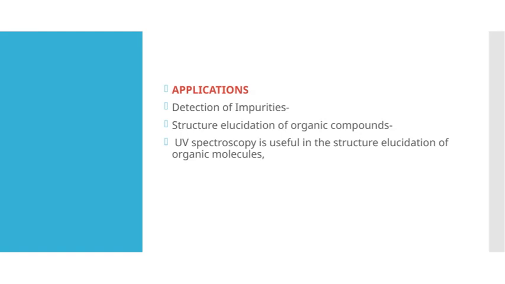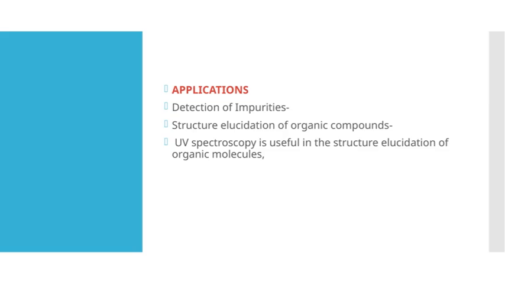Now, let's look at some of the practical applications of UV spectroscopy. First, it's quite useful in the detection of impurities in various samples. By analyzing the absorption patterns, we can identify the presence of unwanted substances that might affect the purity or quality of a compound. This makes UV spectroscopy a valuable tool in quality control processes.